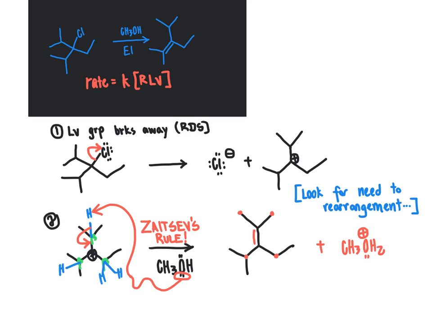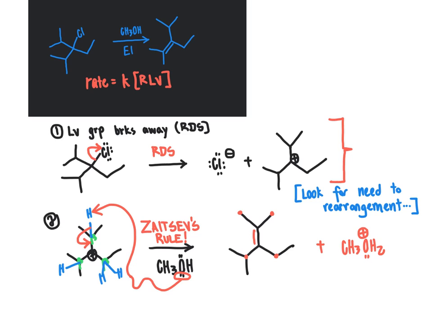What you will notice here at step 1, where the leaving group broke away to give a carbocation, since that was the rate limiting step, we can focus on that to think about what would allow this reaction to take place better, take place faster. Much like with an SN1 reaction, this step, and hence the whole pathway, is going to go best if we have a more substituted carbon atom.